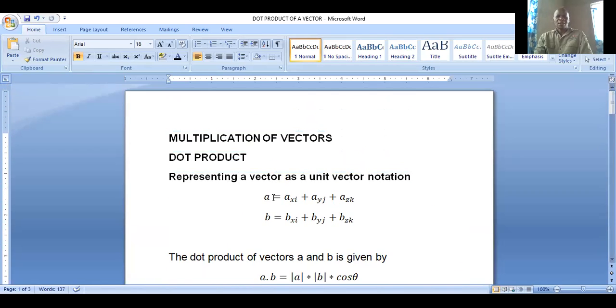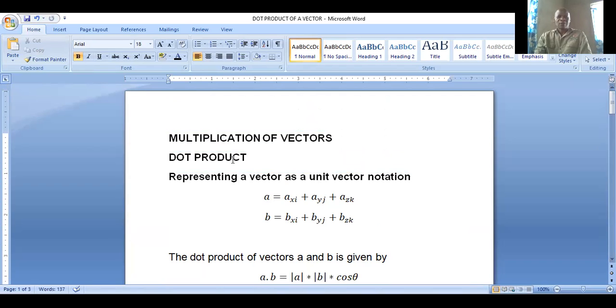So as we stated earlier, today we're looking at multiplication of vectors. For vectors to be multiplied, we can use several methods, but one of them we're going to look at today is the dot product.